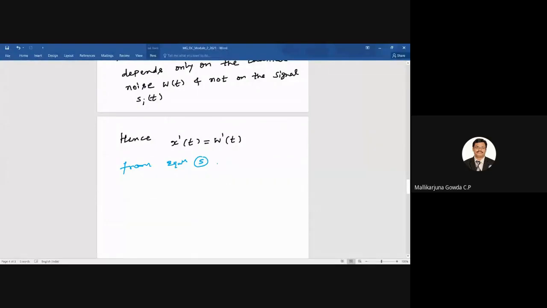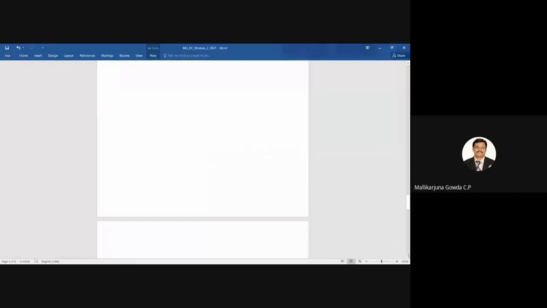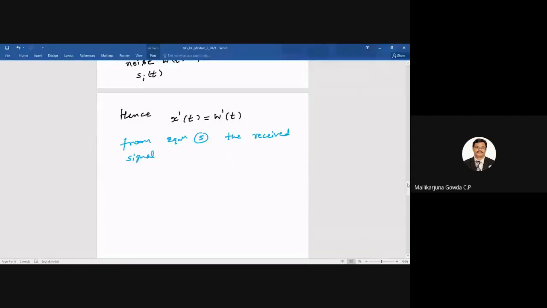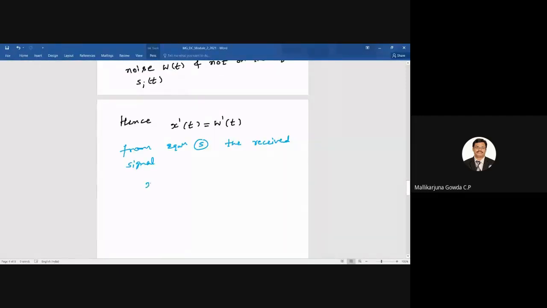What is the received signal? That is x of t, right? The received signal x of t will be equal to what? Any one of you can say.